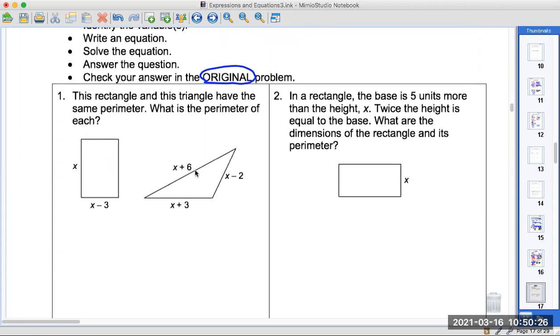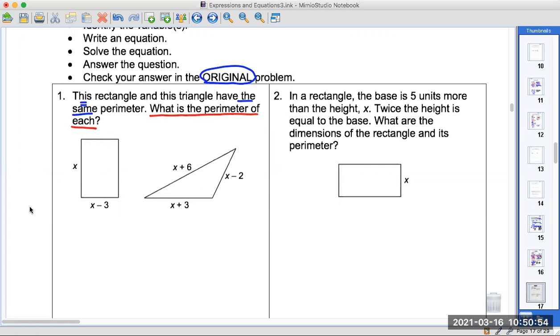This rectangle and this triangle have the same perimeter. When it says same, that's usually where your equal sign is. That's always the indication. Remember, you do have to write an equation. The same means equal. What is the perimeter of each? This is the question, so that tells me my variable.